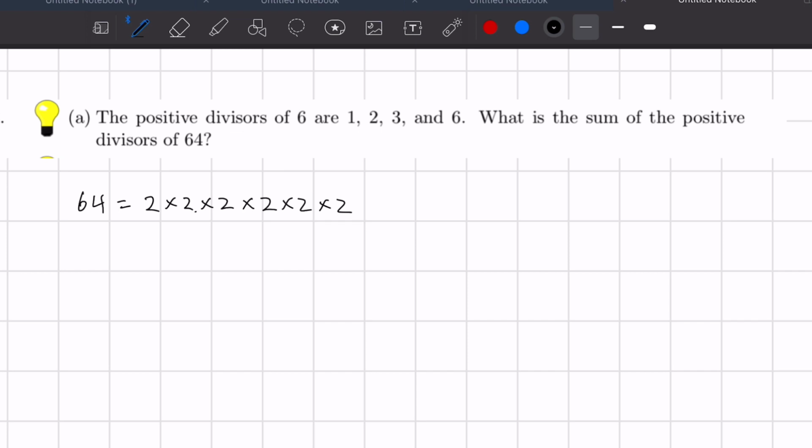We can find the positive divisors of 64 as 1, 2, 4, 8, 16, 32, and 64. And we just have to find the sum of this, so I just added up all the divisors.